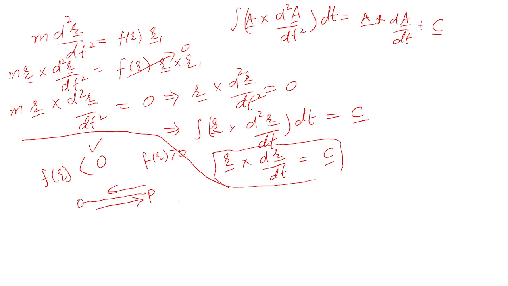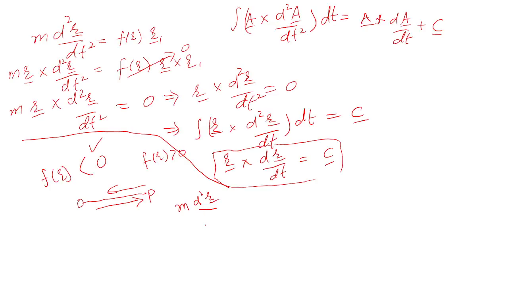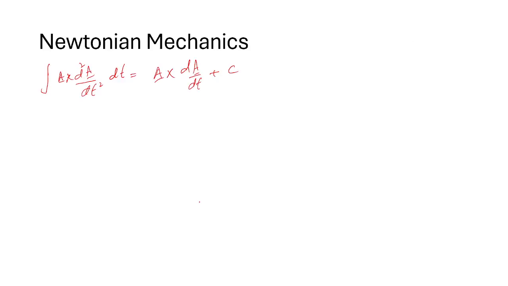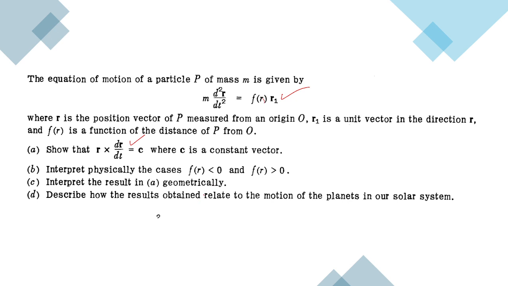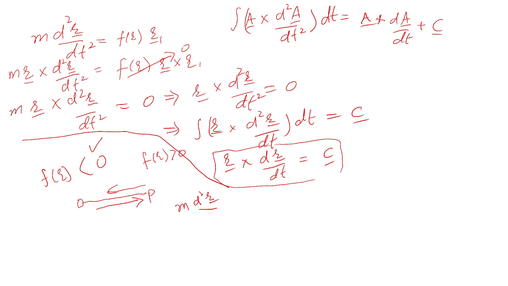I'm writing the equation again, m d square r dt square is equal to f of r in the r1 direction. r1 is the unit vector along r.